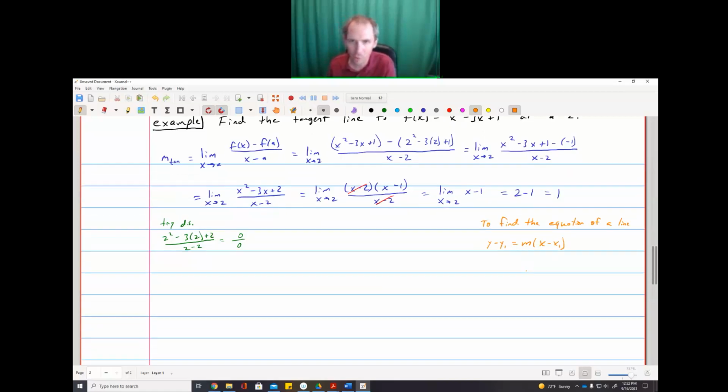Maybe just to give you a quick background of where this comes from in case you've never seen it. I know that slope is y2 minus y1 over x2 minus x1, right? That's my slope formula, change in y over change in x.